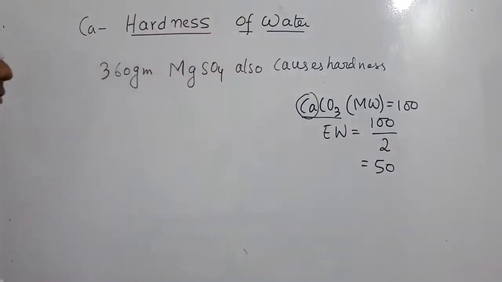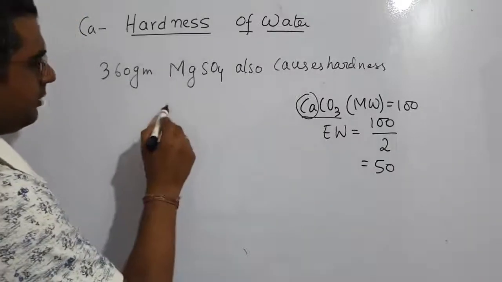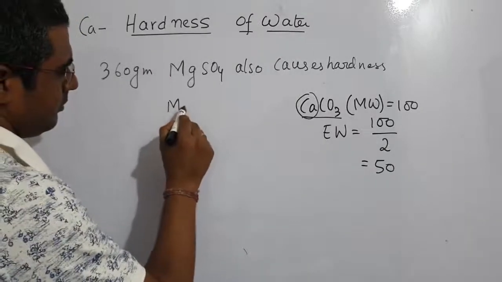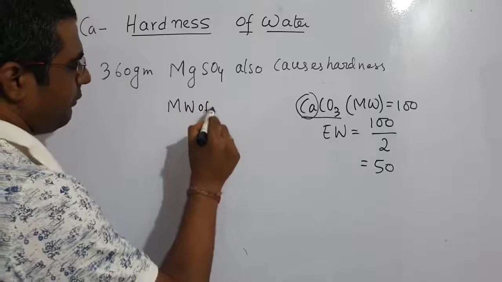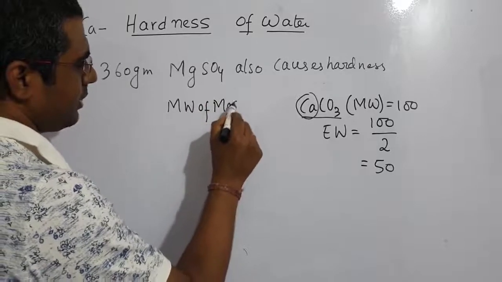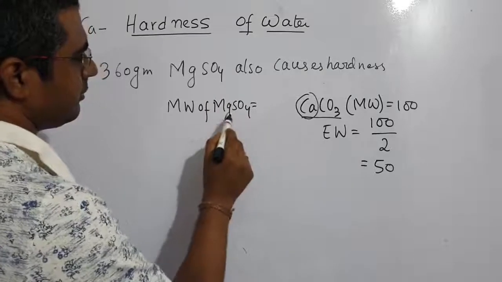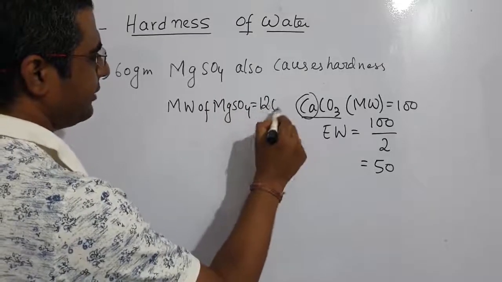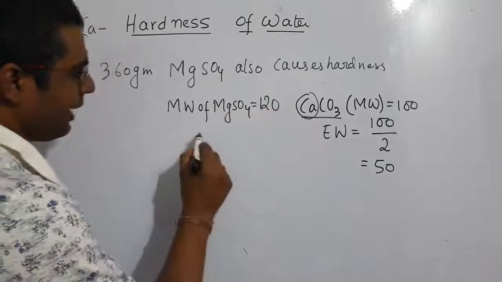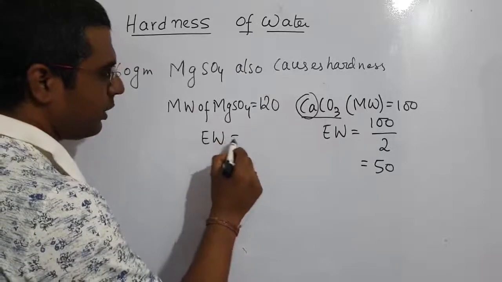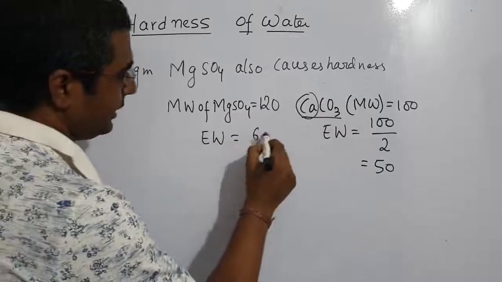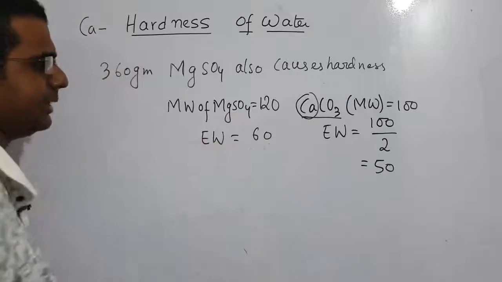Similarly, you can also find out the molecular weight of MgSO4. How much? It is 120. Okay. And the equivalent weight, you can easily find out over here. This will be 60, because divided by the valency it will be 60.